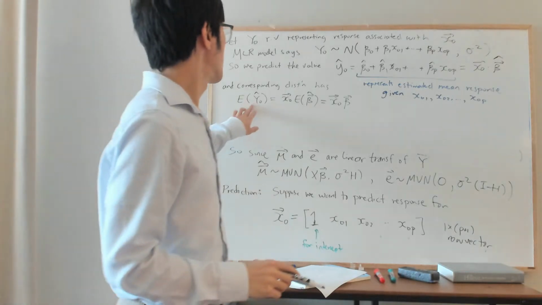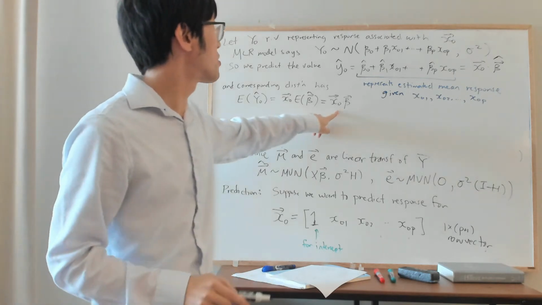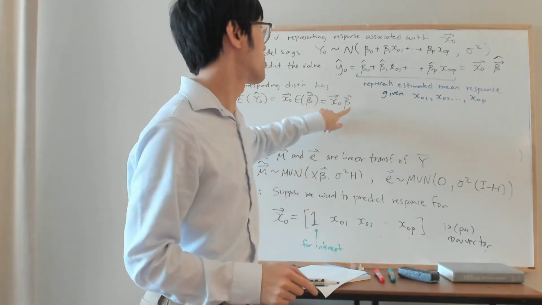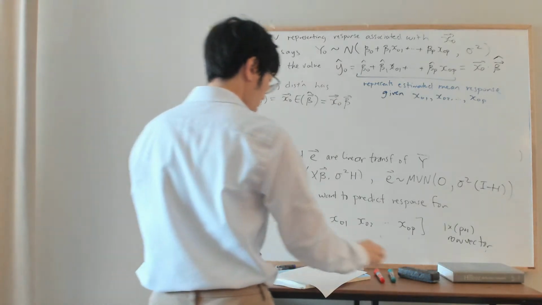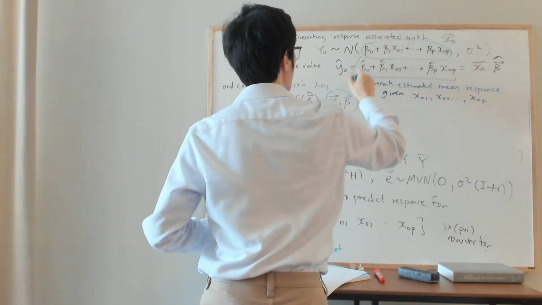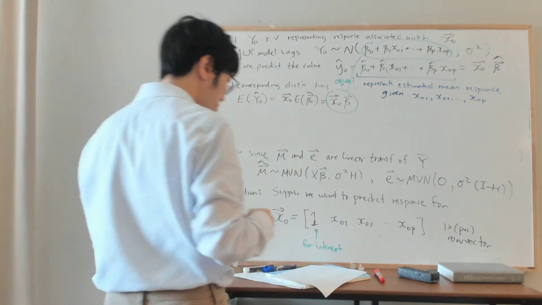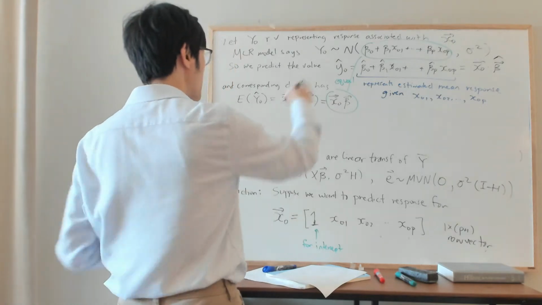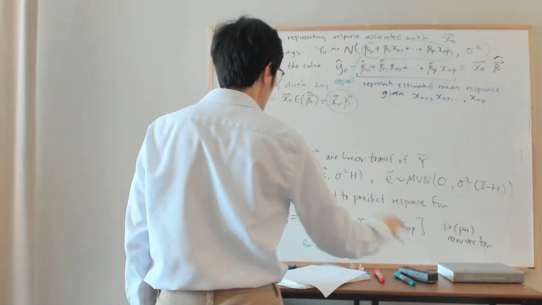Not surprisingly, on average we get the true model mean, which is vector x0 times beta. So it's an unbiased estimator for that mean based on the multiple linear regression.